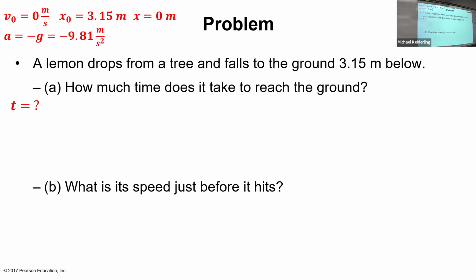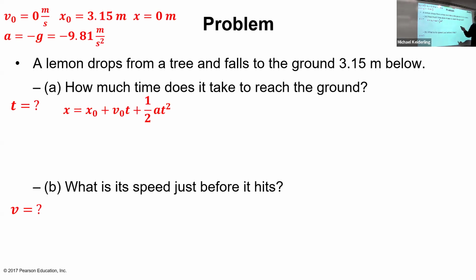So the approach we'll take here, we're looking for time. To figure out time, we know initial velocity, initial position, and final position. We're going to use this equation. For the second, we're looking for velocity. So x equals x naught plus v naught times t plus 1/2 acceleration times t squared.